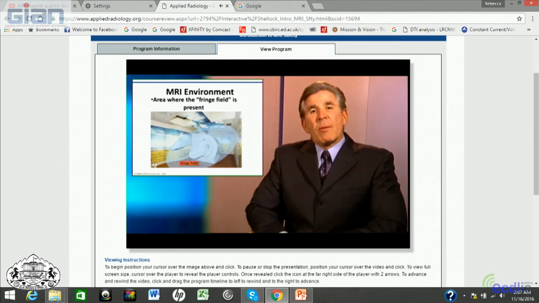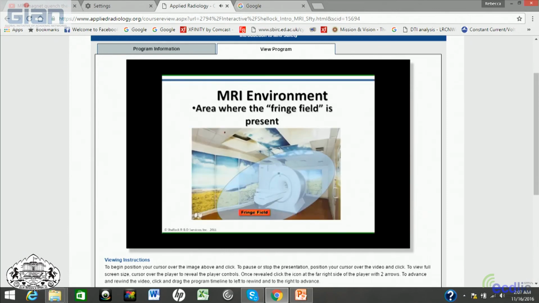The MRI environment also includes any area where there may be substantial magnetic fields associated with the scanner, or the area that contains the fringe field. Depending on the design of the MRI facility, the magnetic fringe field can extend well beyond the room, above and below the scanner. So the term MRI environment really refers to all of the physical areas where the influence of the scanner may be felt, especially with regard to the magnetic field of the system.